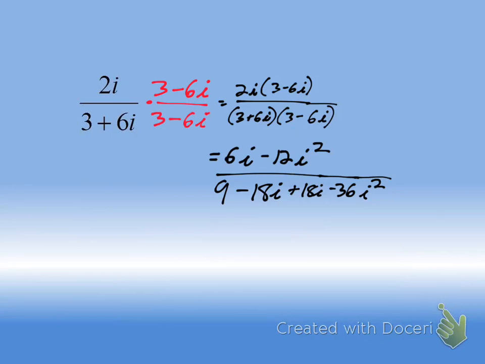Next. Like terms at the bottom. See that? 18i, negative 18i give me 0. What else? Let's kill two birds with one stone here. Negative 36i squared would be positive 36. And 9 plus 36, not yet. What else?